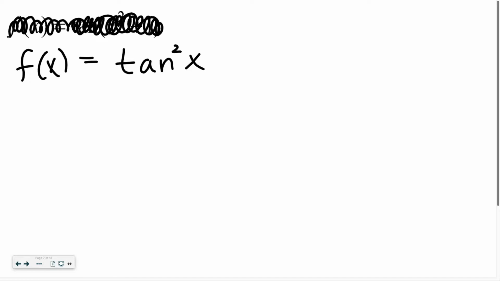Okay, when we get into these trig chain rules, we have to be very careful with what's the outside and what's the inside function. What is the inside function? Well, x is inside of tangent, where tangent is inside of a square, right?